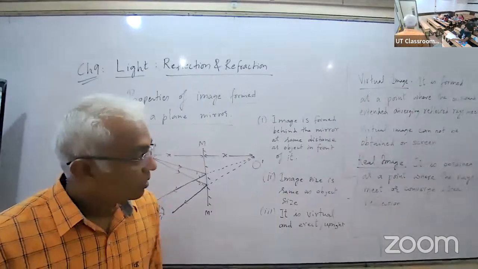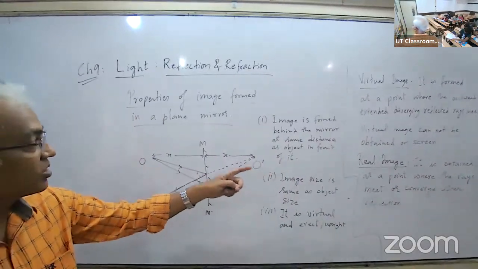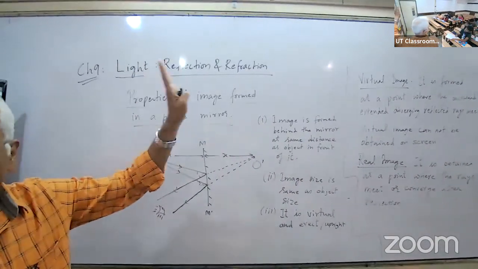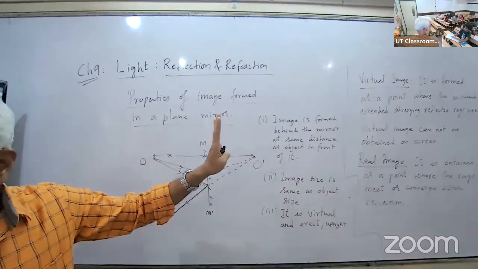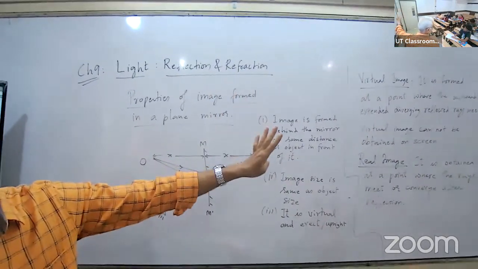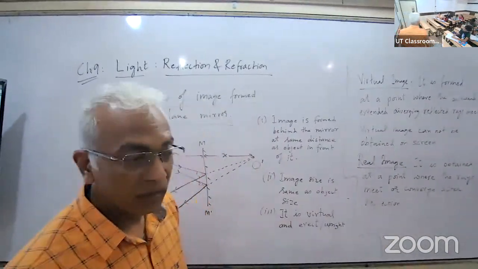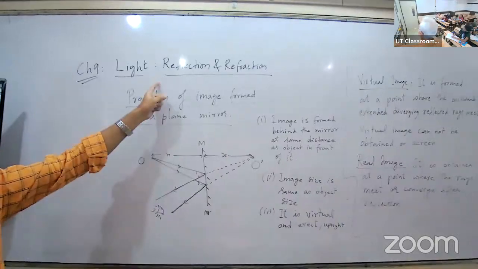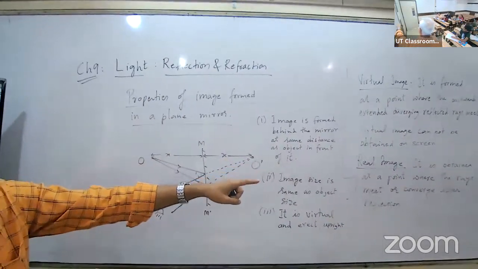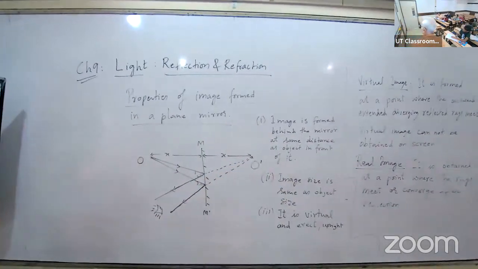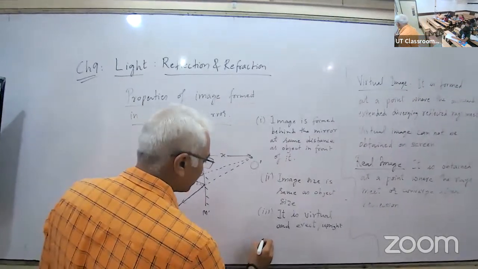Okay. So we are going to see real image in case of reflection by spherical mirrors. The plane mirror only has virtual image. So wait for this. When we discuss reflection by spherical mirrors, that's when I'll explain this. Okay, one more property remaining.